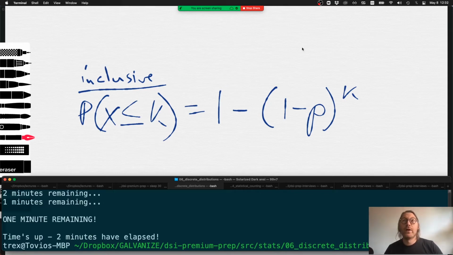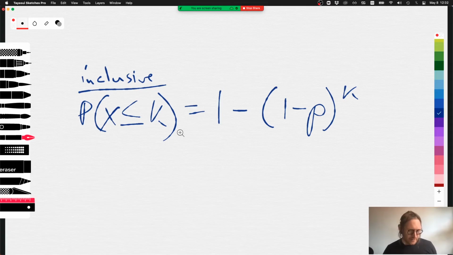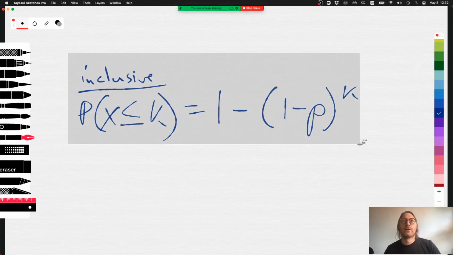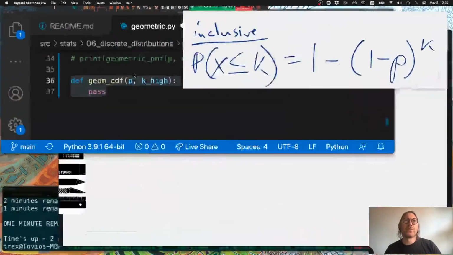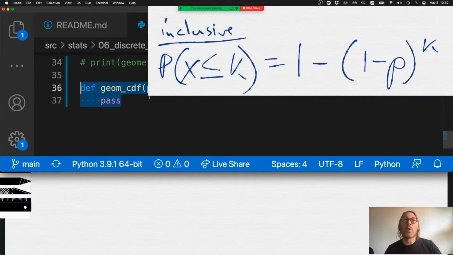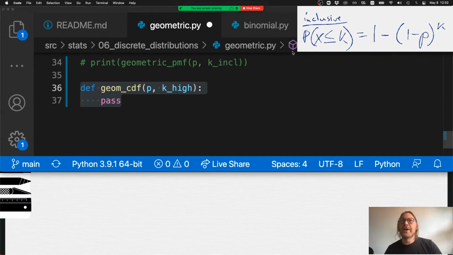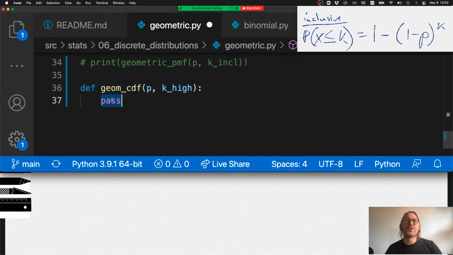Okay, so this will be pretty straightforward, right? Once we have this, we can use it to answer questions that will come up more often, right? We're often thinking about the bounds of trials where we'll get a success, not necessarily whether we'll get success only on the 127th time this happens.